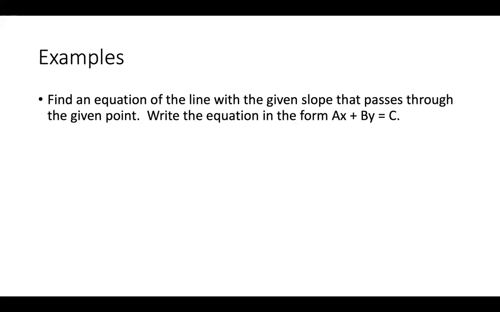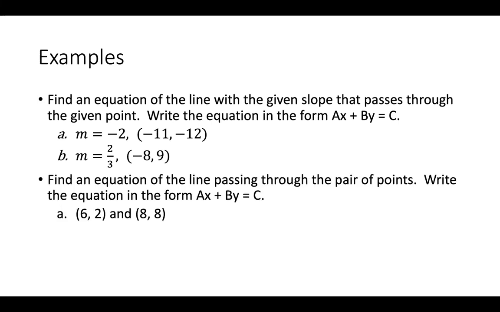So in order to write the equation of a line, we either need to be given the slope and a point on the line, like in these two examples, or we need to be given 2 points on the line. So let's go over to the tablet and I'll show you how these problems work.